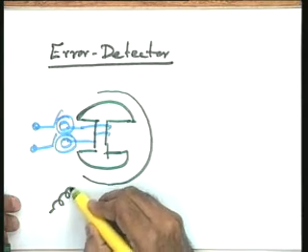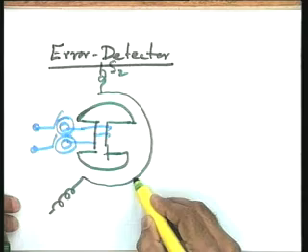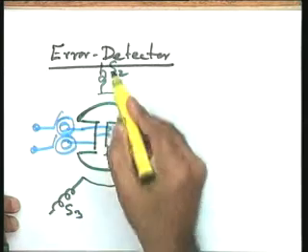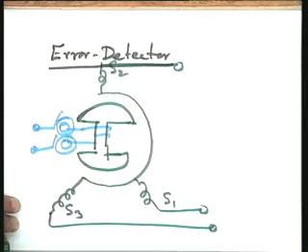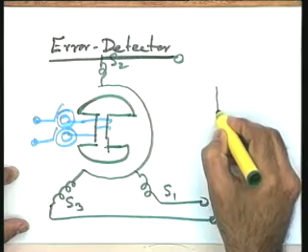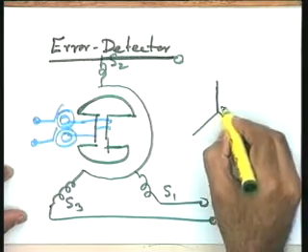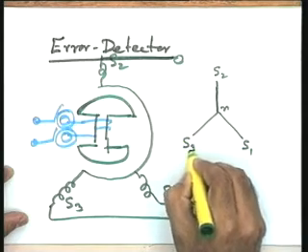So I am taking here 3 windings, call them S1, S2, S3. This is a stator. This is actually a connection of this type in the winding. This is neutral, S2, S1, S3.